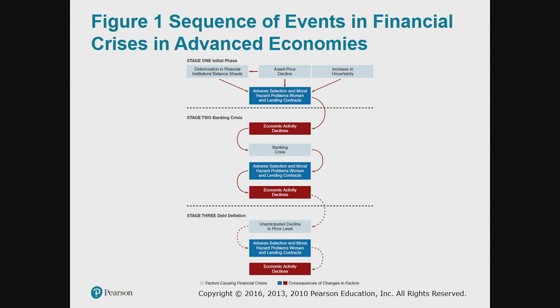As economic activity declines, asset prices continue to decline, and banks begin to fail. They become insolvent. They need to get taken over by the Fed, or they go bankrupt, or they need to be sold for pennies on the dollar. Banks become more concerned, and they lend even less to each other because they don't know who's well capitalized.